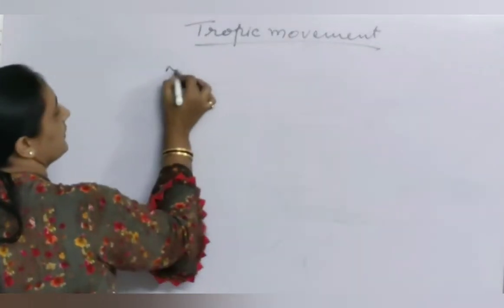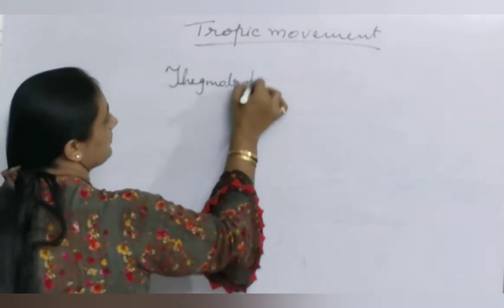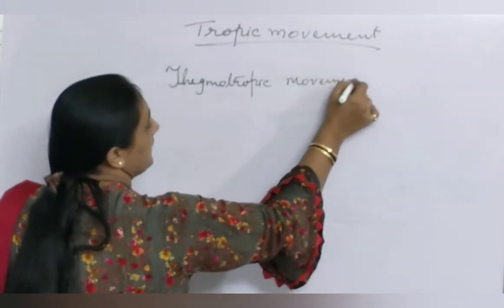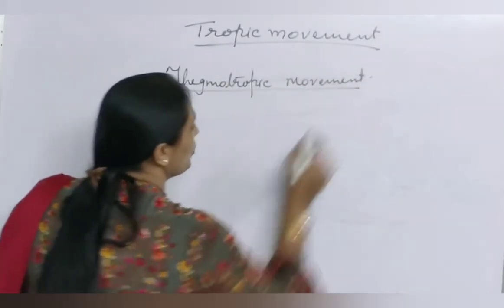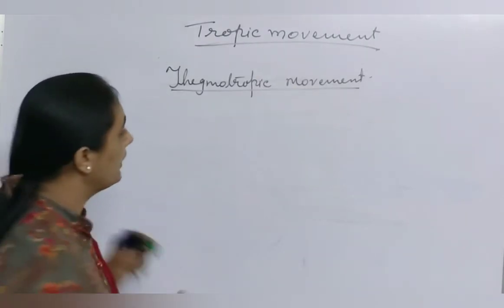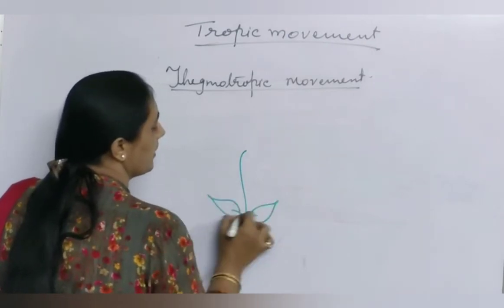Thigmotropic movement means movement shown by a plant when it comes in contact with one thing or another. Generally it is shown by tendrils of plants.